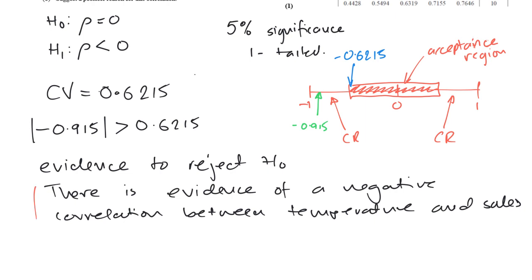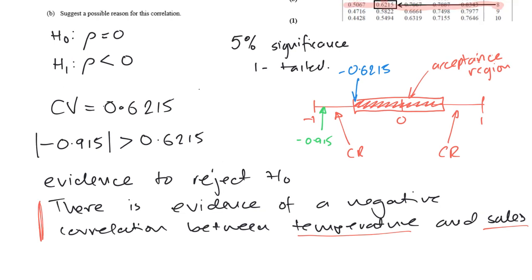So here, I've noted that it's a negative correlation between temperature and sales, not T and S. Okay, good. The next part, if we refer back to the question, asks us to state a possible reason for this correlation. Well, one possible reason is that if the weather's nice, people spend less time shopping. So we should state that.